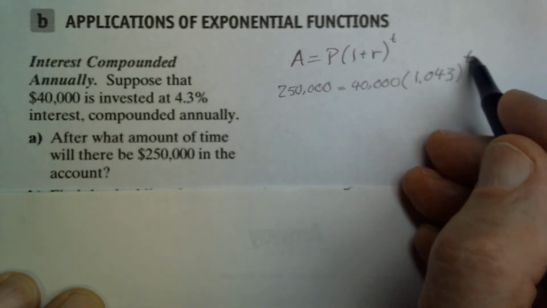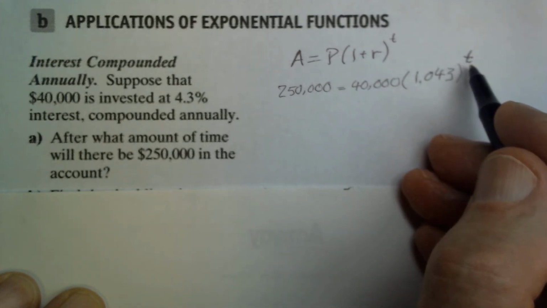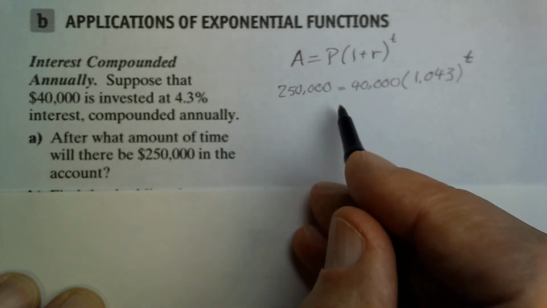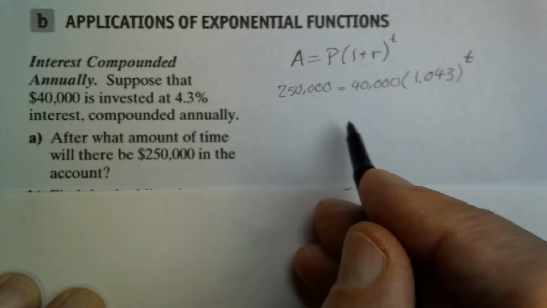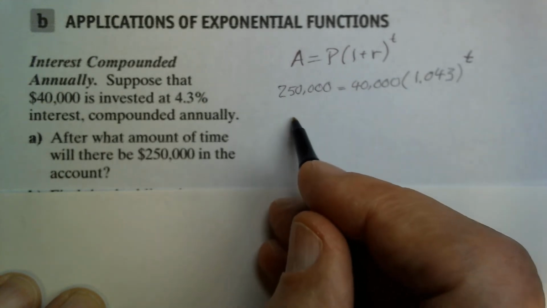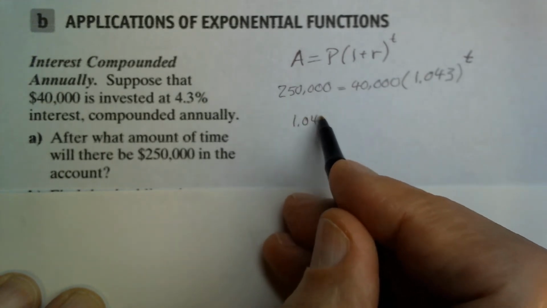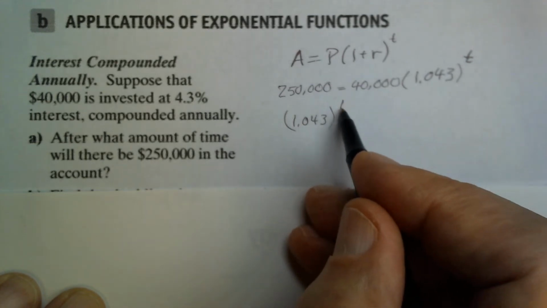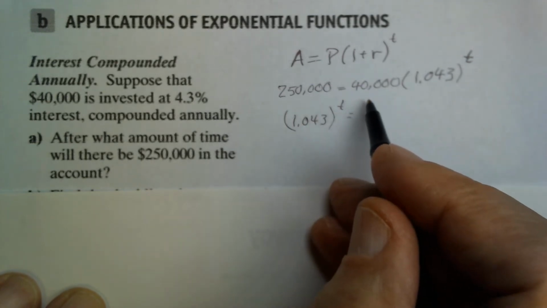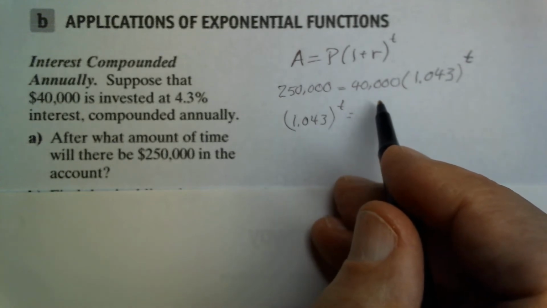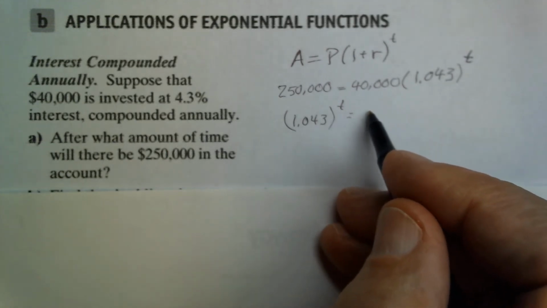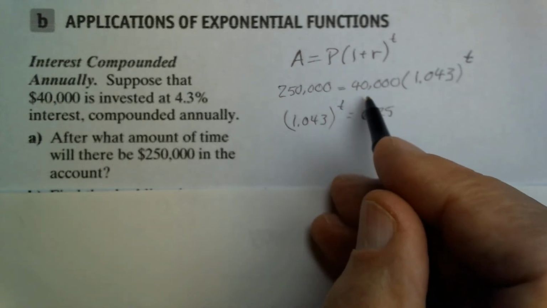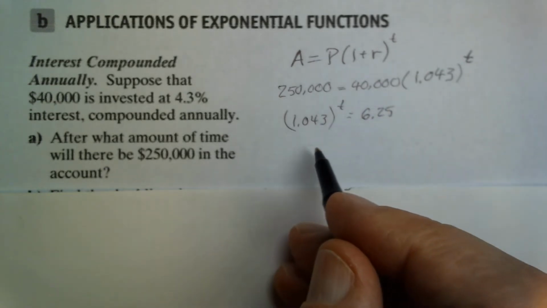The first thing is we divide both sides by 40,000. So 1.043 to the T power is equal to 250,000 divided by 40,000, and that's equal to 6.25.